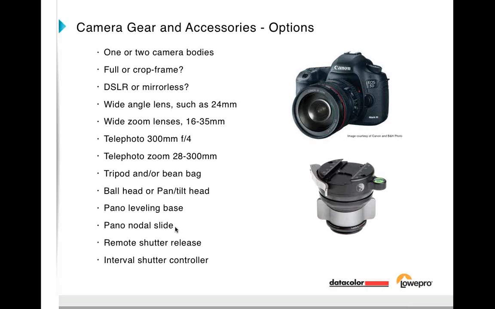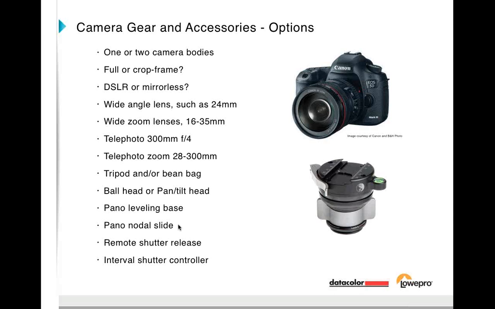A panorama nodal slide. I'm not going to get into how to use that. In this kind of venue, we're actually getting close to the finish line here. But a nodal slide lets you slide the camera back and forth on the axis of the lens so that you can take panoramas and overlap frames without losing part of your frame real estate due to the geometry of the lens.